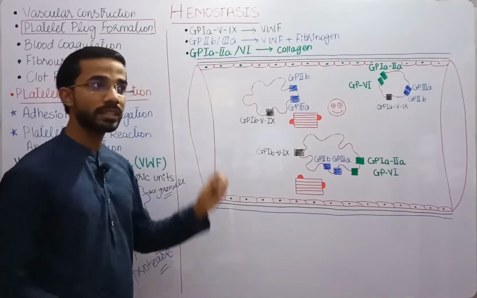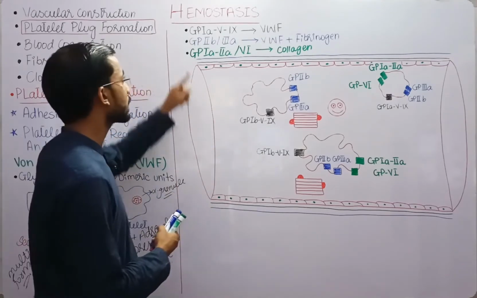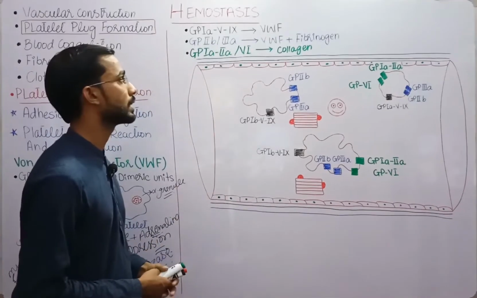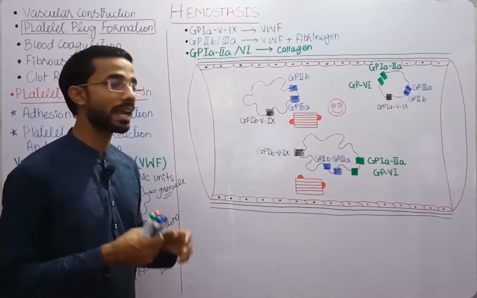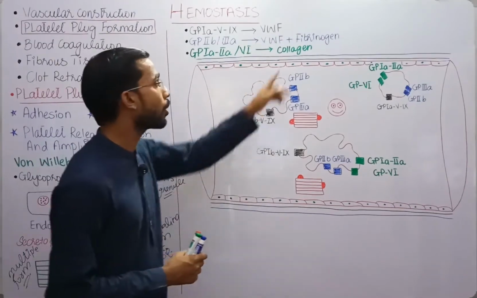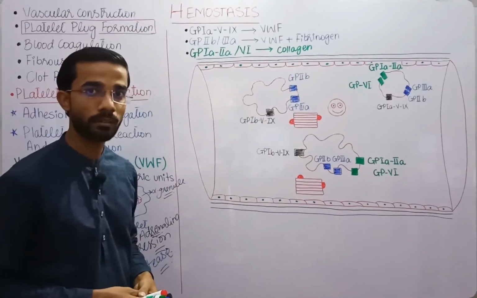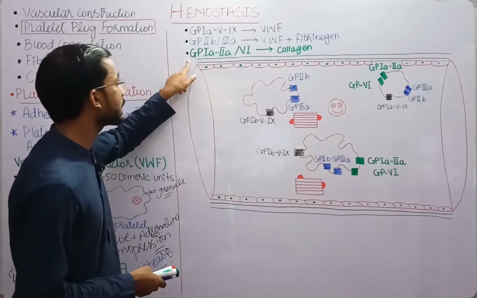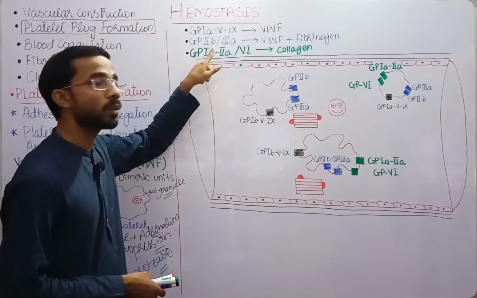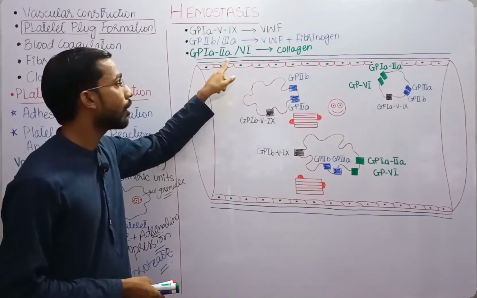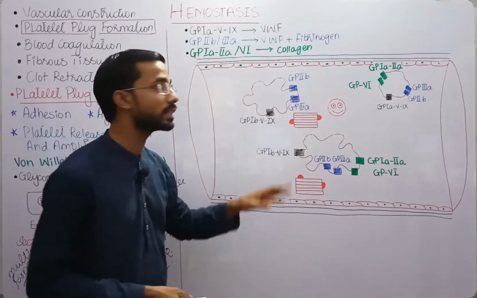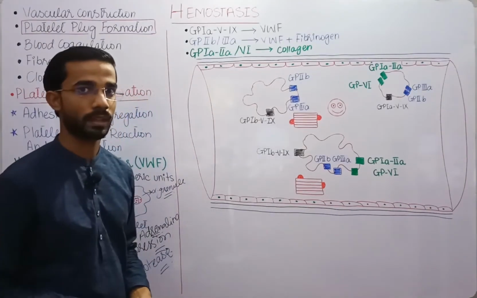And there is another glycoprotein complex, glycoproteins IIb, IIIa. These can attach either with von Willebrand factor or fibrinogen, right? And third one is glycoprotein Ia, IIa or VI. It only attaches with the collagen, right?